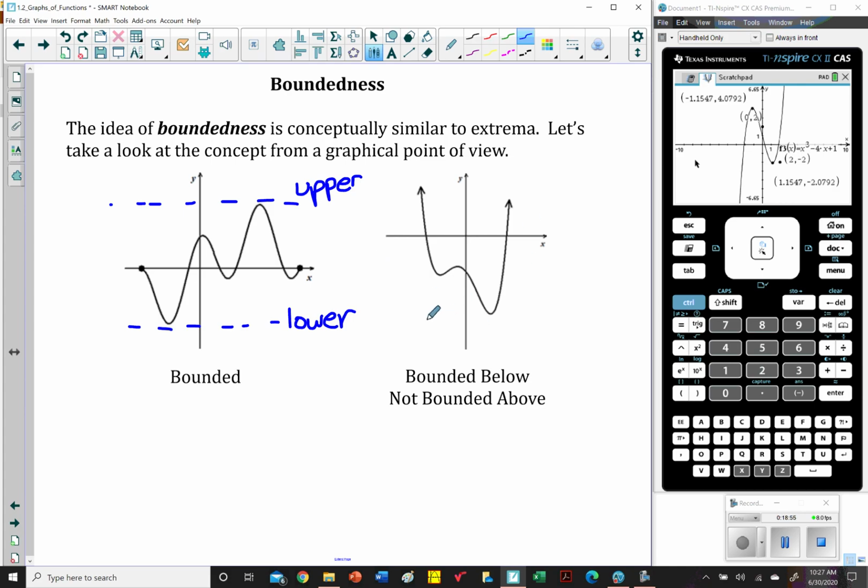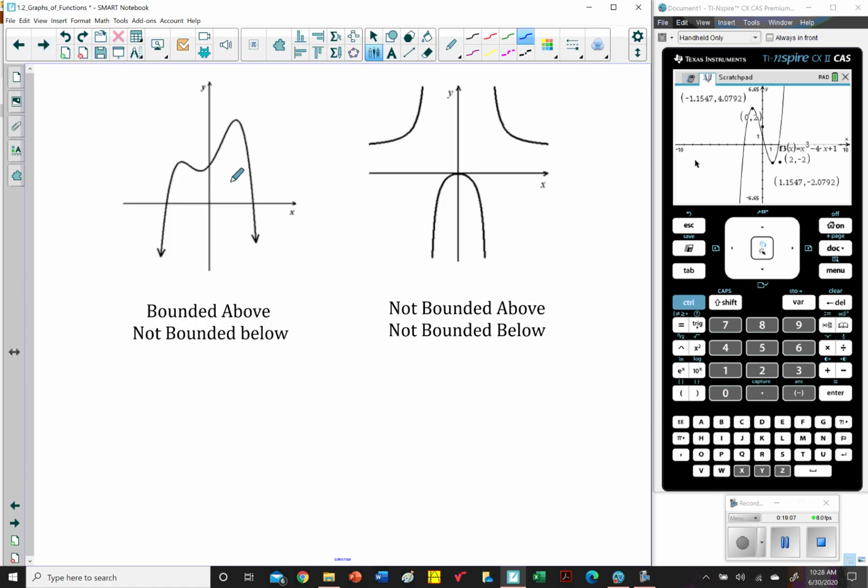In this second one, it's only bounded below since the function's end behavior is up on both ends. So this is a lower bound only. Again, this one has an upper bound, and the y values won't go beyond that highest y value.